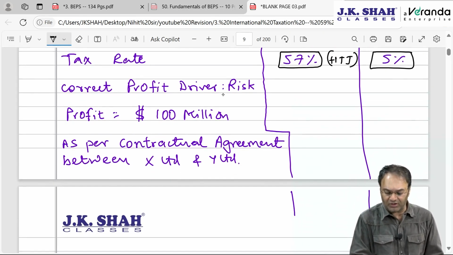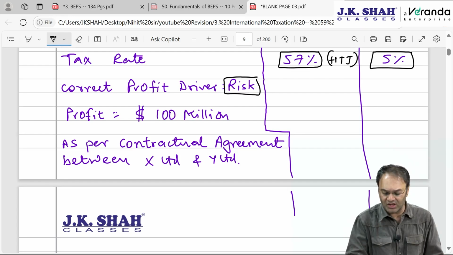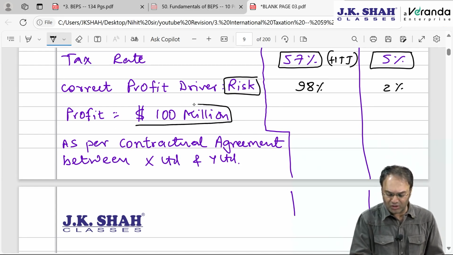Now suppose the correct profit driver is risk. Profits are earned because of risk. They are doing such a business combined together where the profit driver is risk. 98% risk is borne by X Limited in country X, and only 2% risk is borne by Y Limited in country Y. Total profit is $100 million.